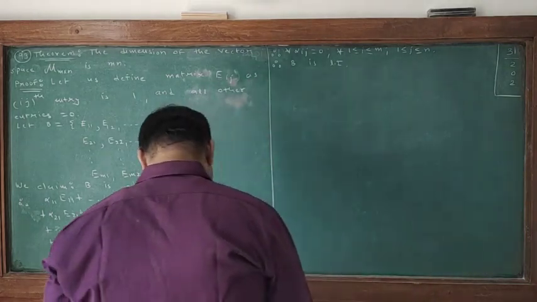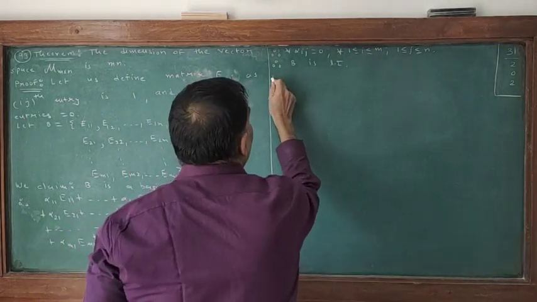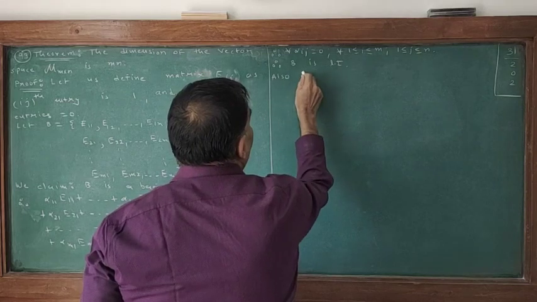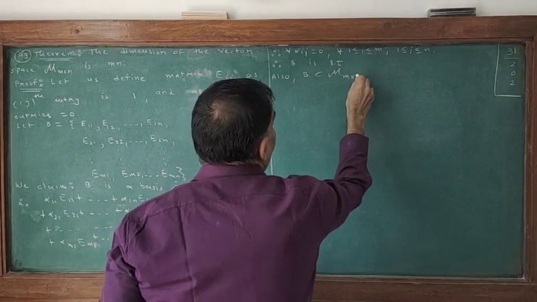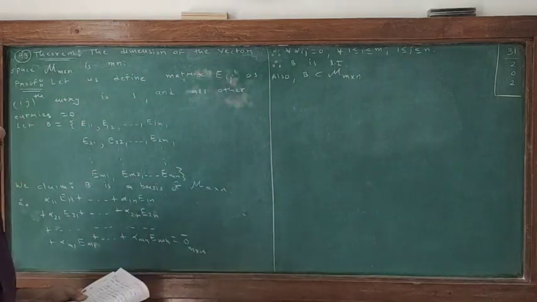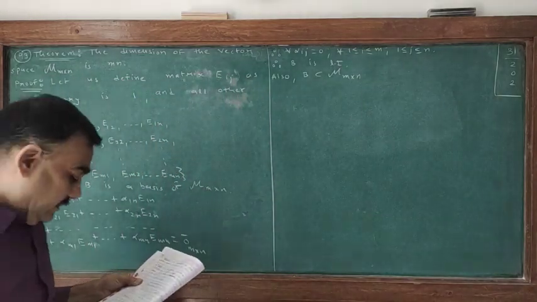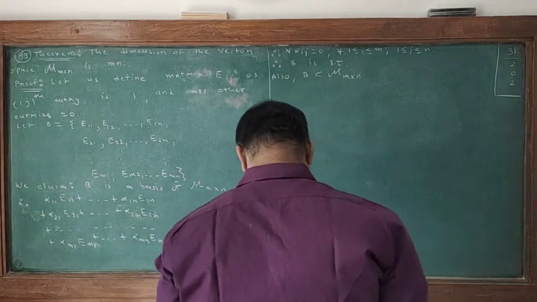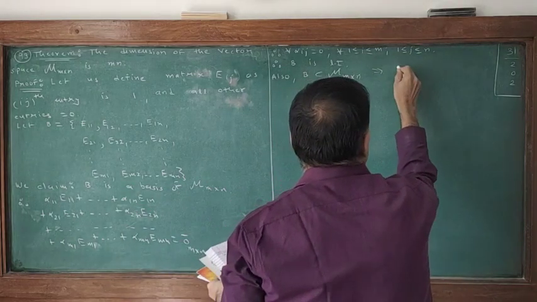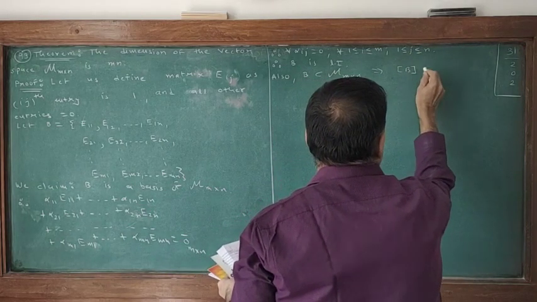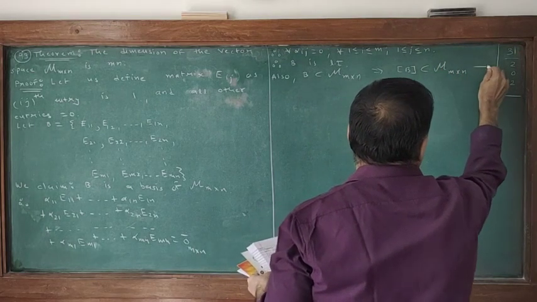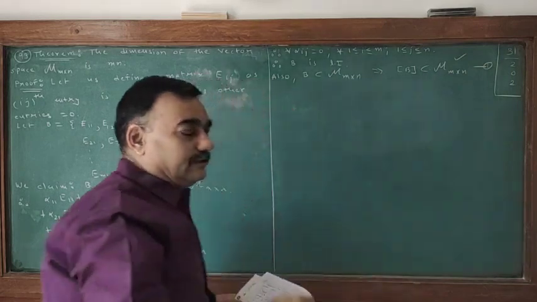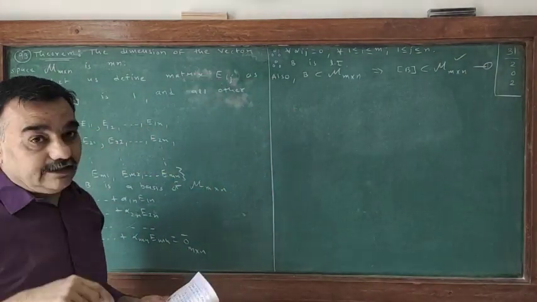Also, B is a subset of m cross n. This implies span of B is contained in m cross n, because this is a vector space. Script m cross n is a vector space.